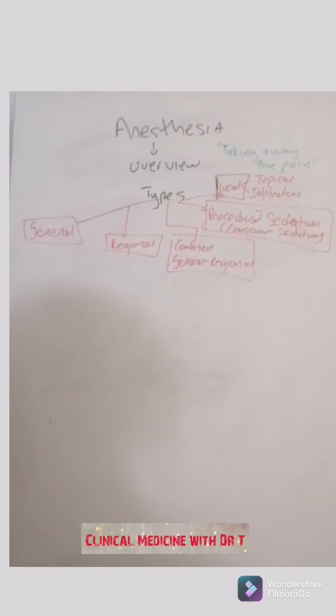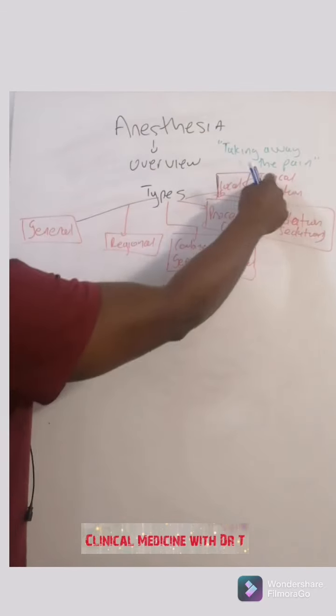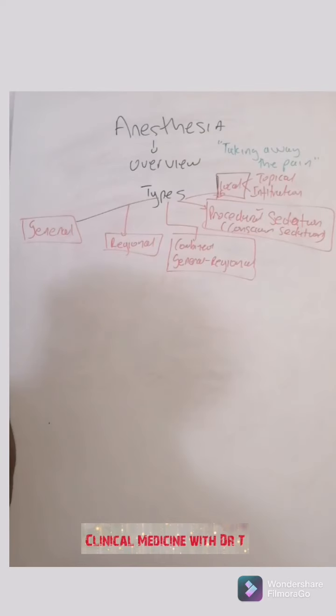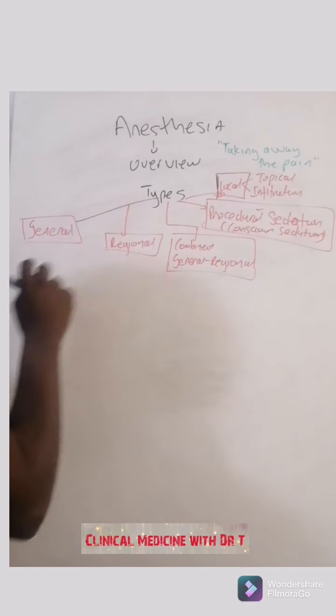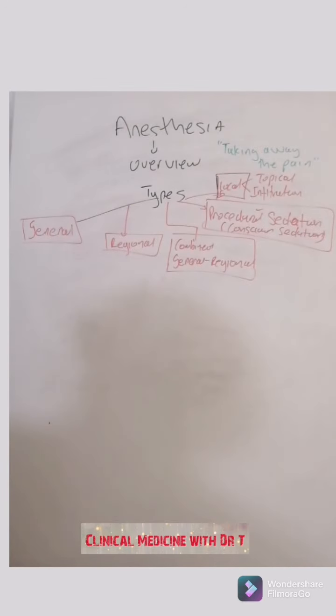Maybe someone else can come in and explain it to me or differ with me, but I find it difficult to put local anesthesia under regional. I find it difficult because, as we're going to do the definitions now, not the definitions per se, but just to explain what we are really talking about. Okay, let's start with general anesthesia.